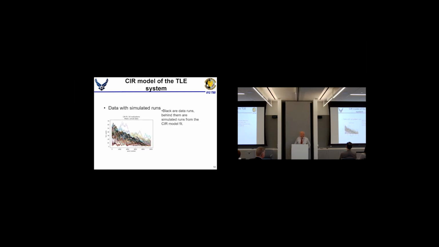So let me go on to basically what happened. The black that you see in this slide is the actual data. That's real data. And then what you see in the colors behind that are the simulations from a fitted stochastic differential equation. So then we would like to say, okay, how well can we describe the system to be working?